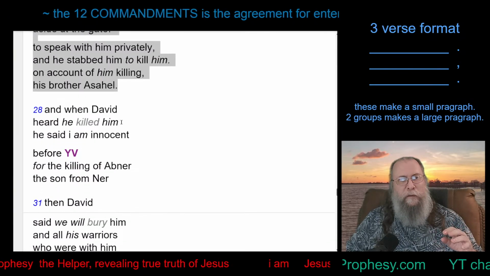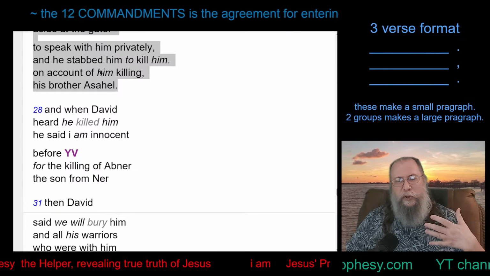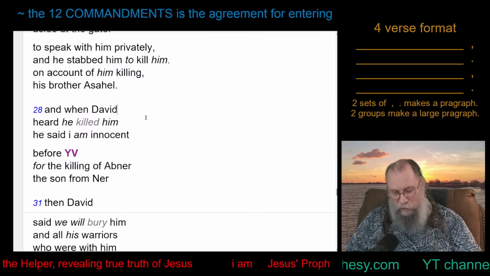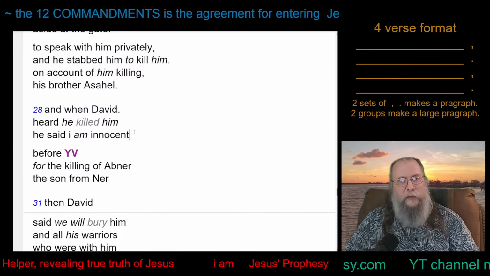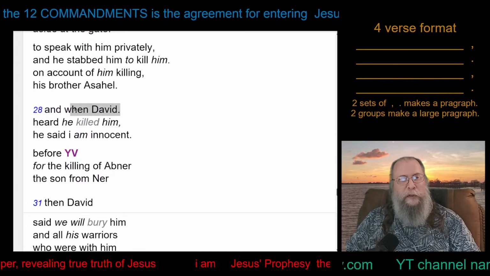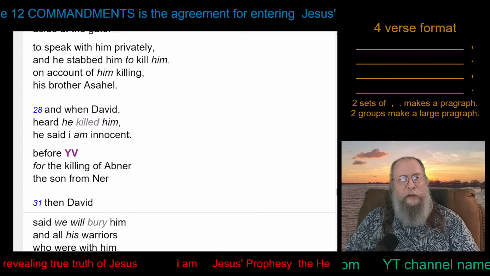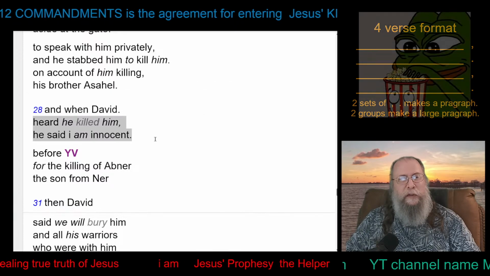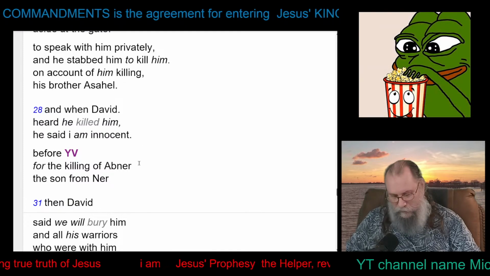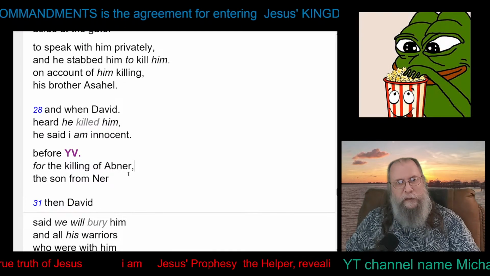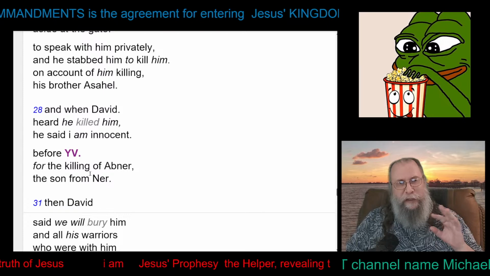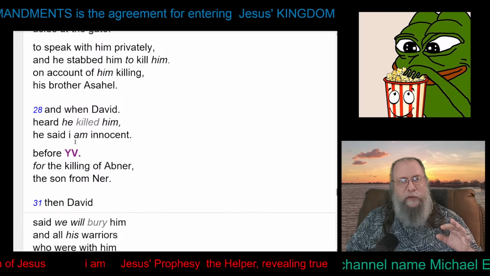And this is a 3-verse format, so the writer is switching stories, and now all of a sudden I have a 3-verse, where the first verse is a statement, and these two make a sentence describing the statement. Again, it repeats this. Now it depends on how well the writer is that these connect this way.